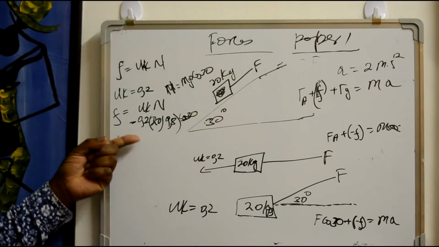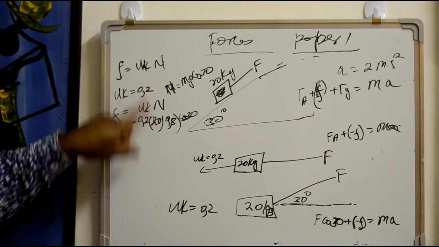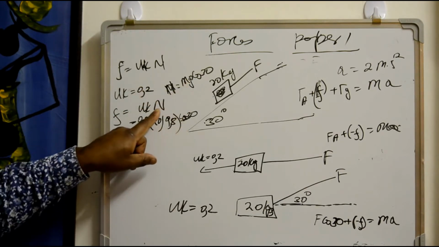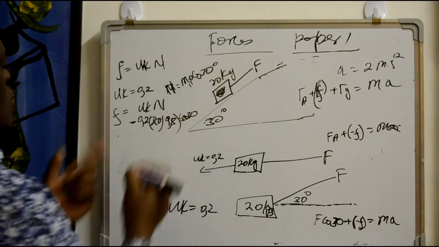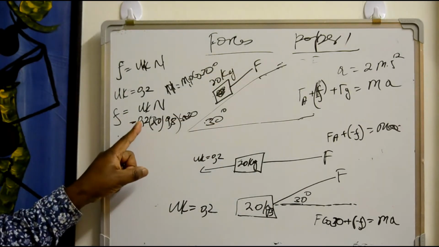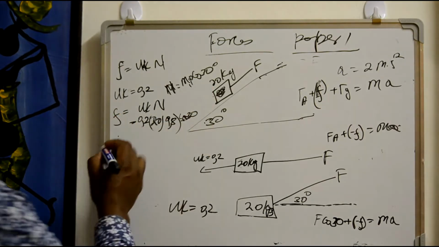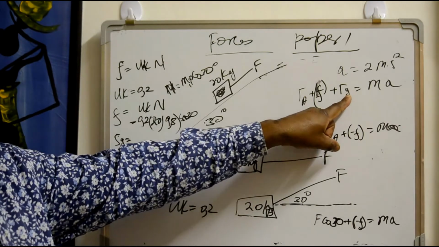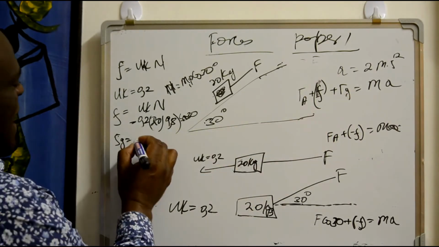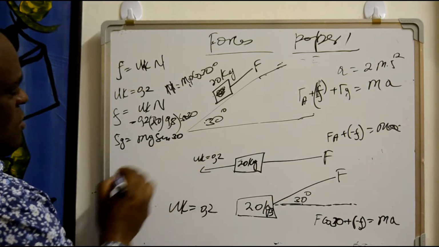My g is 9.8. So what I'm trying to explain is that your kinetic coefficient is 0.2 and your normal now is mg cos 30 degrees. So your friction force is 0.2 times 20 times 9.8 times cos 30. Then what is my force of gravity? My force of gravity now is mg sin 30 degrees.